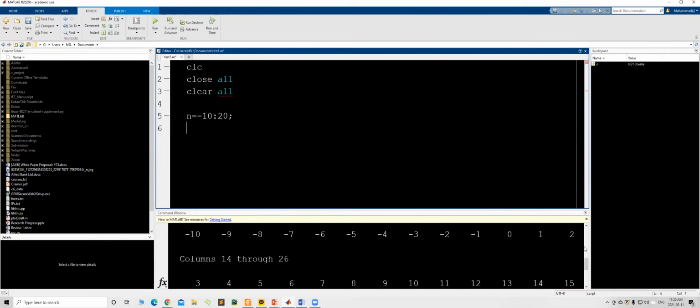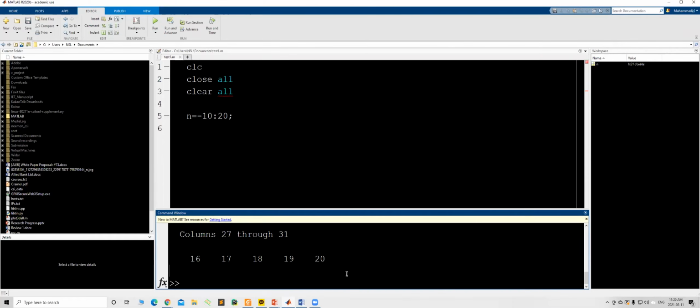Now I want to plot the y-axis, so that it should be 0 when n is less than 0, and it should be 1 when it is greater than 0, right? For that we have a function called zeros, which only gives 0 for us.